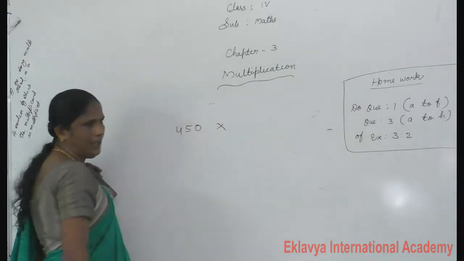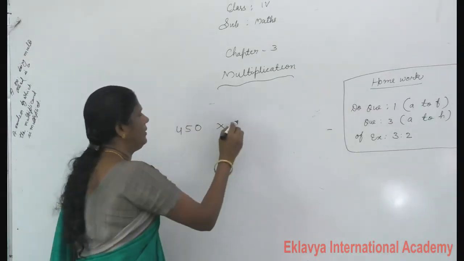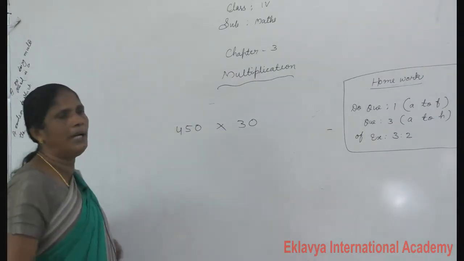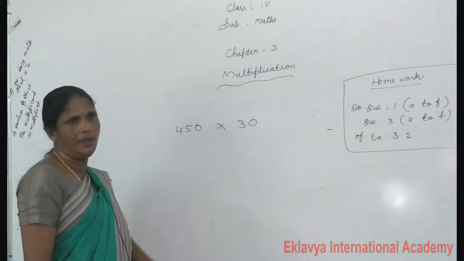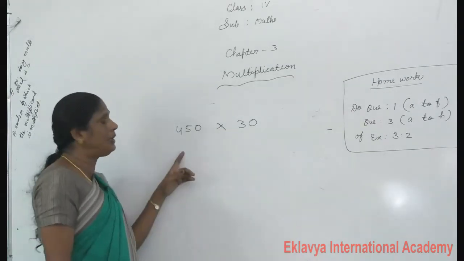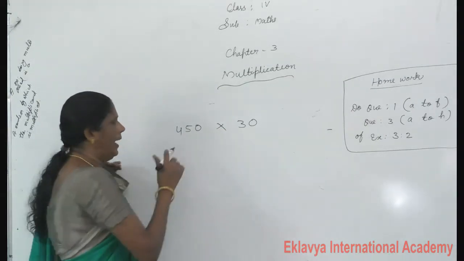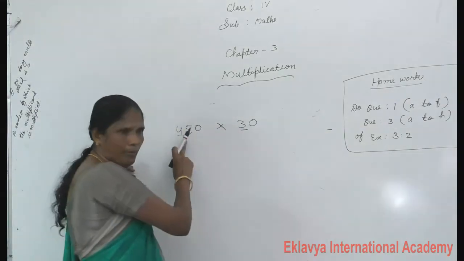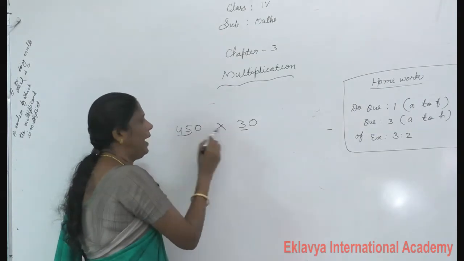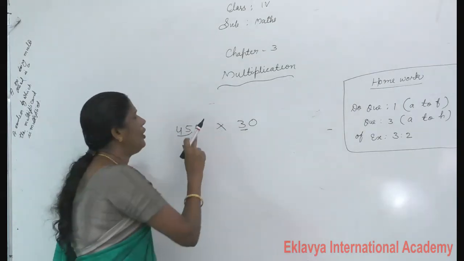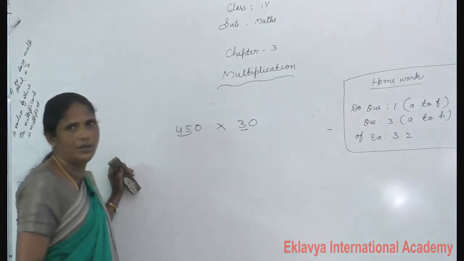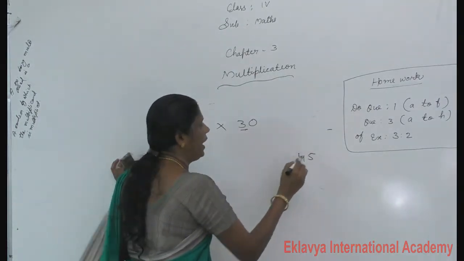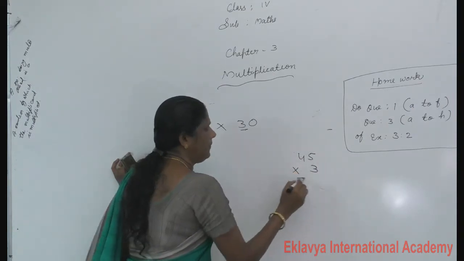450 multiply 30. Now, you take only 45 and 3. First you multiply 45 and 3. Don't take the zeros. Only 45 multiply 3.